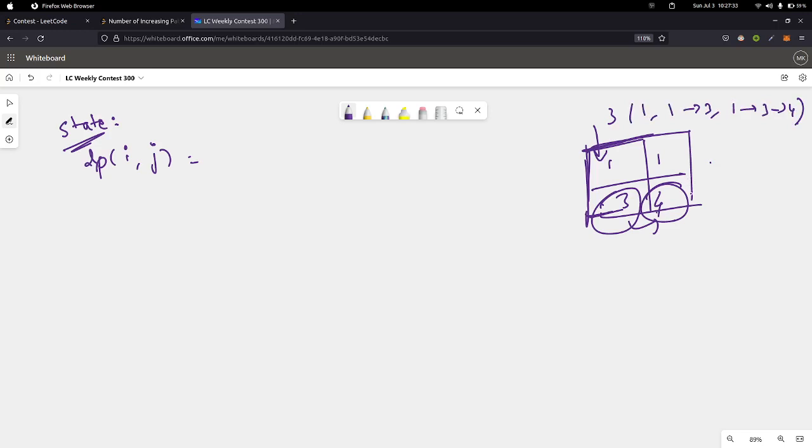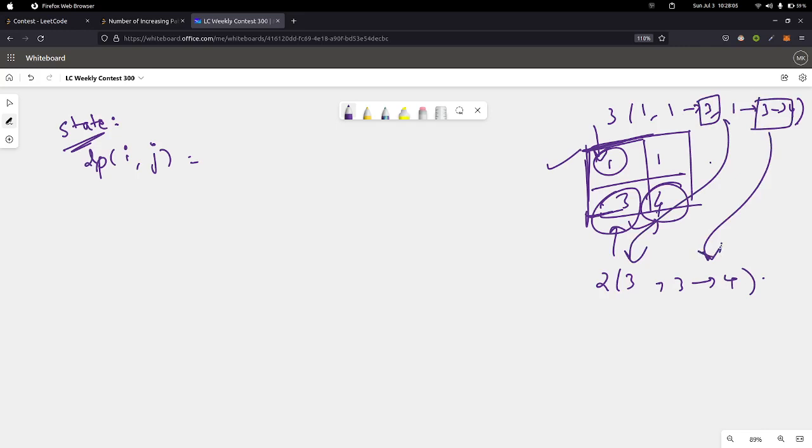so what happens from here? When I say okay, this is done when we are talking about this cell, similarly when I talk about this cell, the total number of strictly increasing paths will be 2, which are 3 and 3 to 4. So we can easily see that these are subproblems, like recurring subproblems, right?